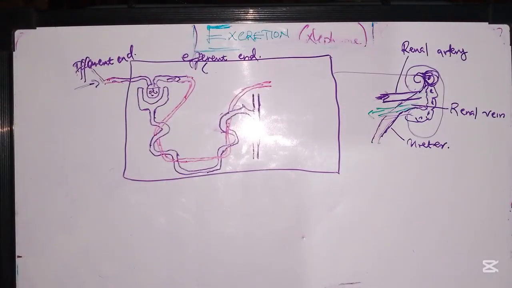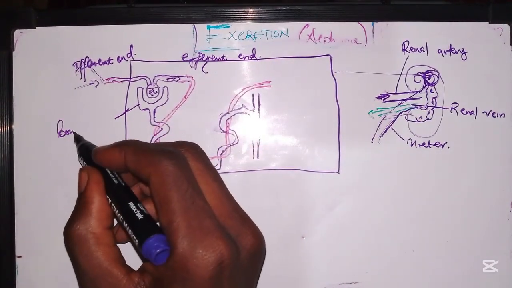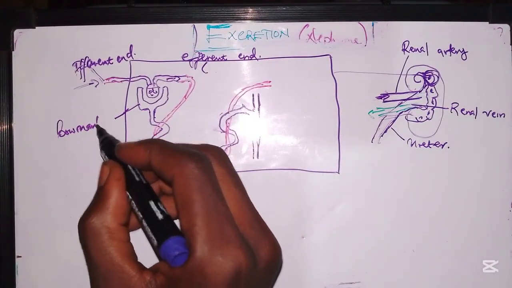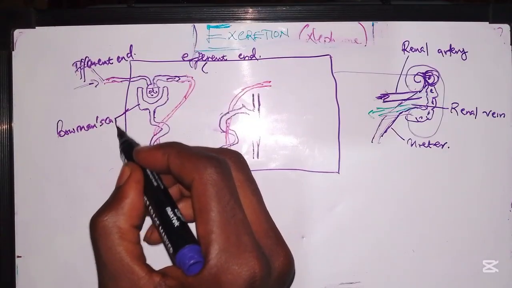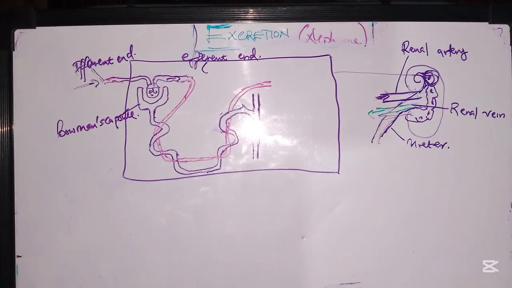The second structure you need to know is the Bowman capsule. This structure contains what is known as the glomerular filtrate. The glomerular filtrate basically filters the blood which comes into the kidney.